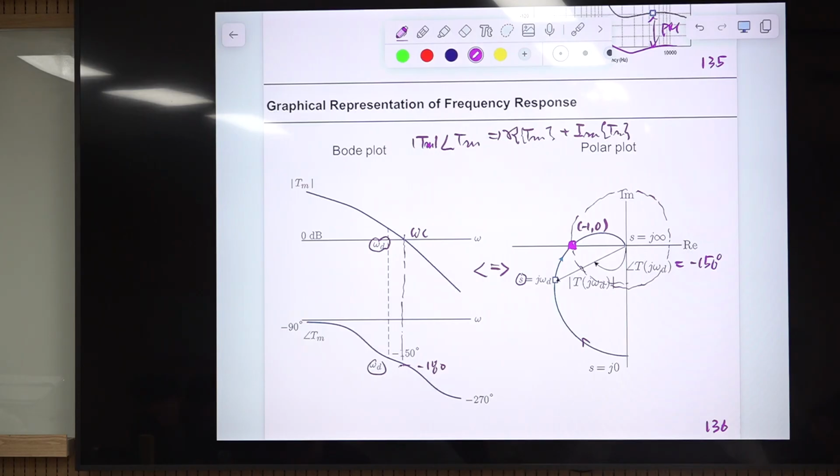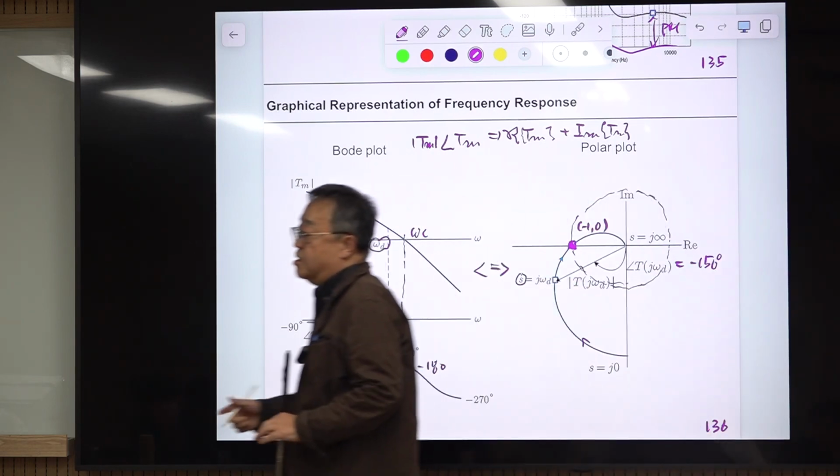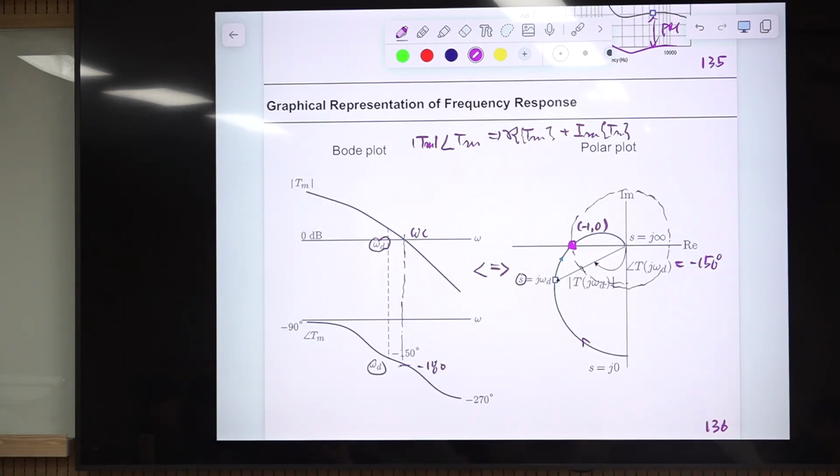That is called a marginally stable system, okay. You understand this, okay. This is simple but important to understand, okay. So for this case, because of this fact, this is the marginally stable case, okay.